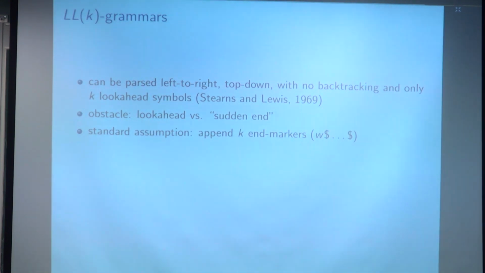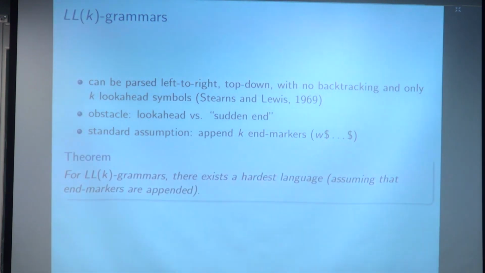And if end markers are allowed, there is a hardest language for LLK grammars. And as a matter of fact, it's an LL1 language that is hardest for all of LLK with end markers.